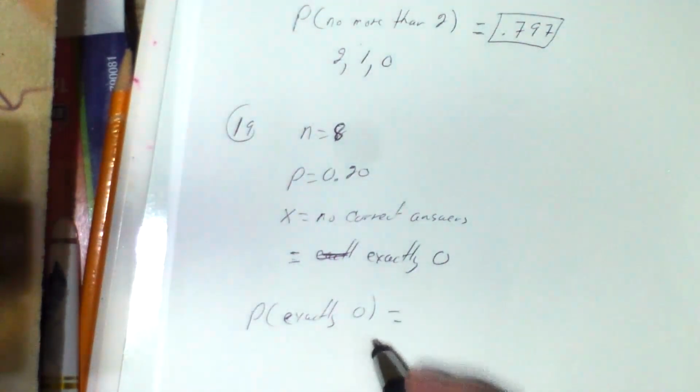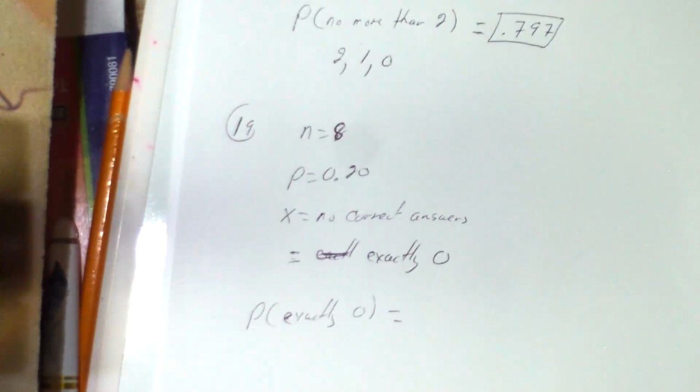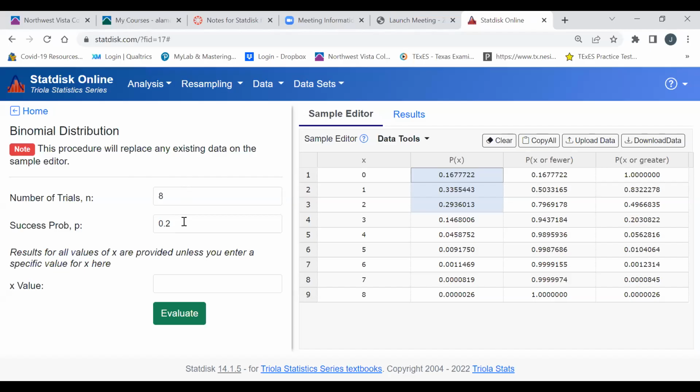So let's go to StatDisk and plug it in. n is 8, p is 0.20. Now, I can't use my special button and put 0, because if I put 0, for some reason it does not give me that specific row for 0 for my random variable. It just doesn't work. So I have to call someone and talk about that. So we'll have to do this one manually.